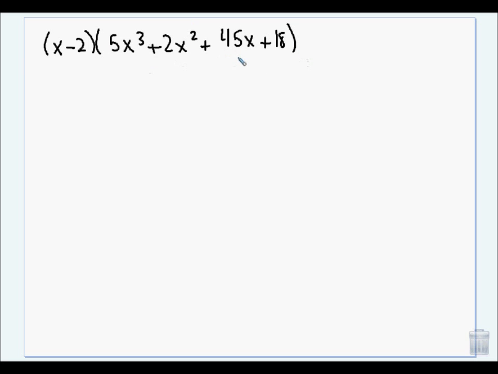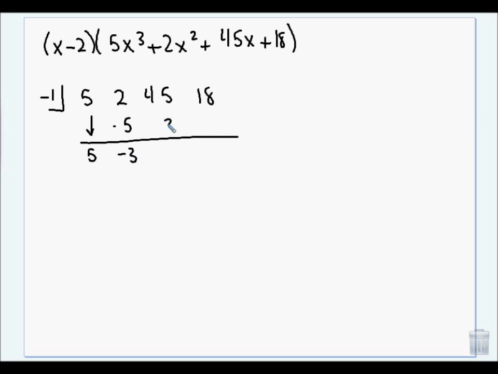So I'm going to try maybe negative 1 and just see what happens. Okay, that didn't work.